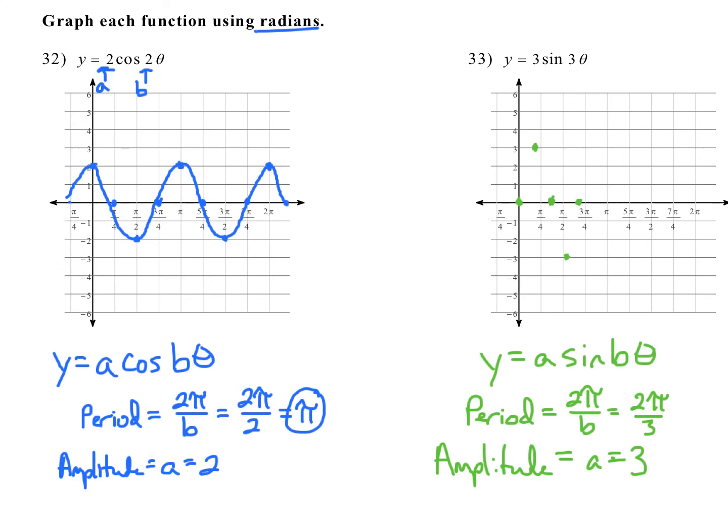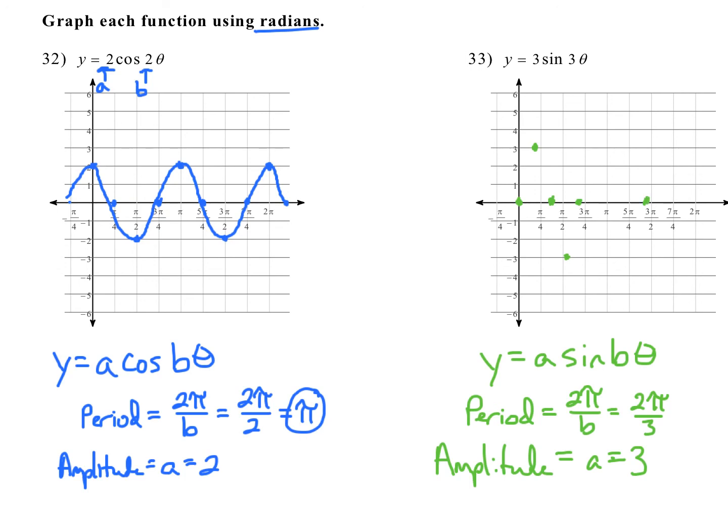And then again we can carry this pattern on. So if we go 2/3 pi, the next one would be at 4/3 pi. So 4/3 pi is going to be somewhere right around here.